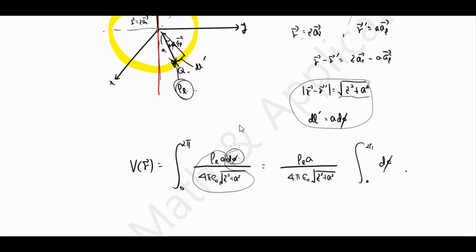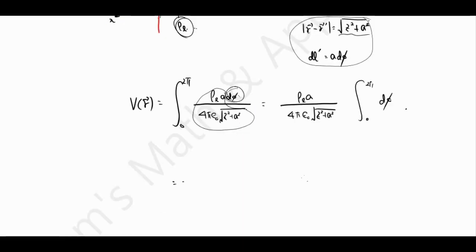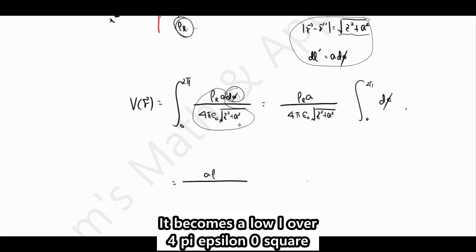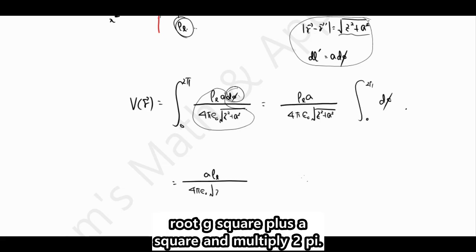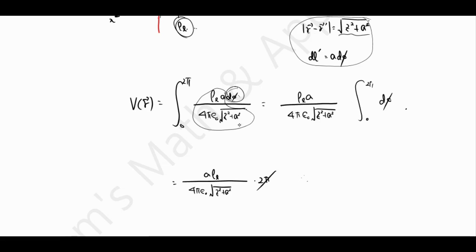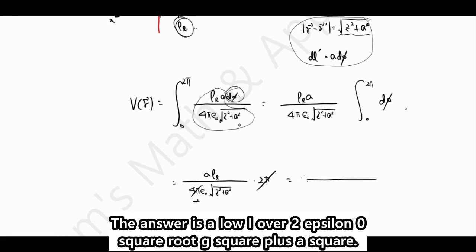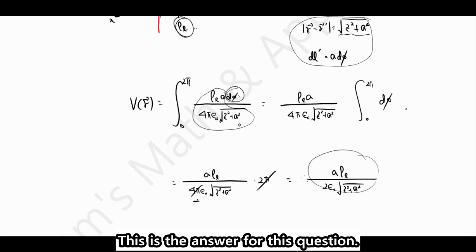It becomes a rho L over 4 pi epsilon 0 square root z squared plus a squared multiply 2 pi. The answer is a rho L over 2 epsilon 0 square root z squared plus a squared. This is the answer for this question.